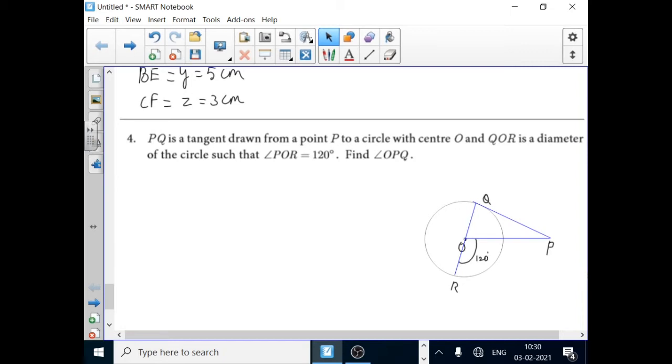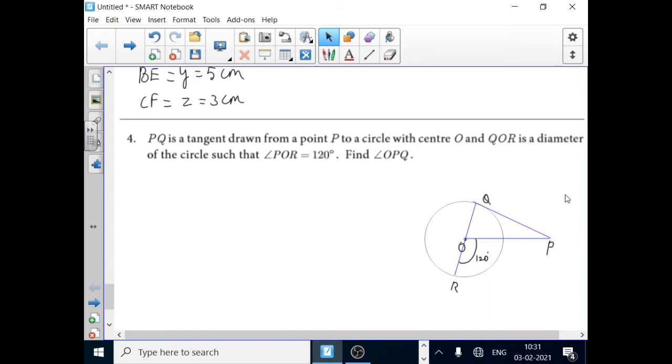So this is an obtuse angle. Next, no other information is given. From the diagram we can mark whatever things we know. PQ is a tangent to a circle with center O, and QOR is a diameter. We have to find out the answer.